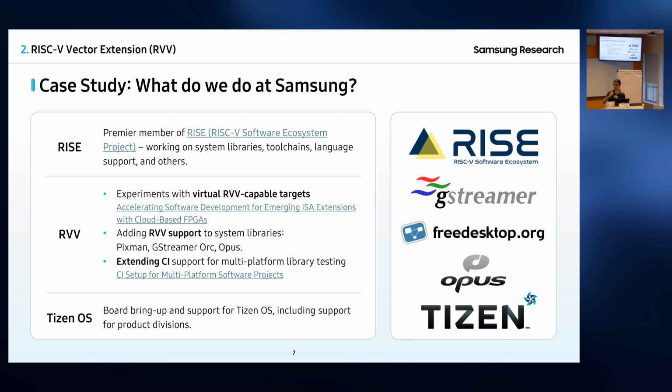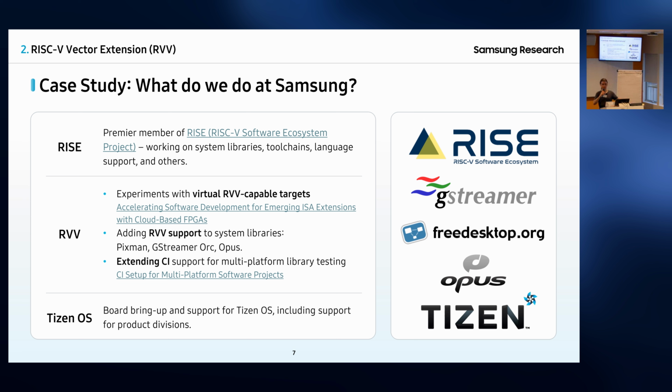So what's really important for companies and people who want to upstream their optimizations is to also provide support in the form of, for example, CI. In the case of Pixman, we extended their CI pipeline to include a RISC-V target, and it was before merging our RVV support. So first came the CI.